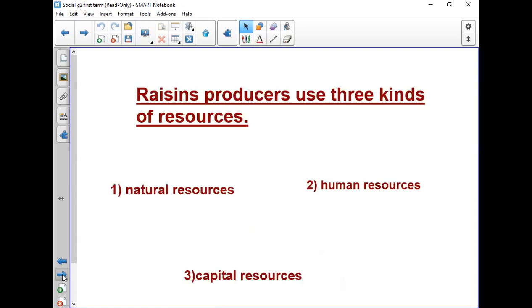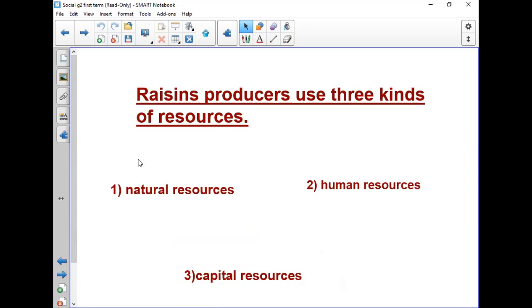The second point that we will speak about is how the raisins producers use 3 kinds of resources during this process. We have 3 types of resources that were used during turning grapes into raisins. The first type of resources is the natural resources. The second type is human resources.